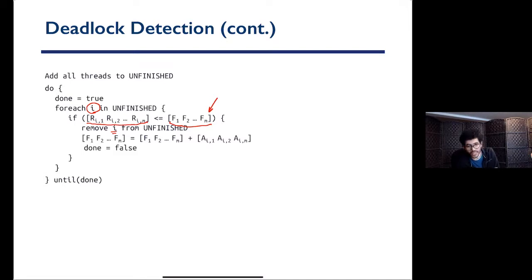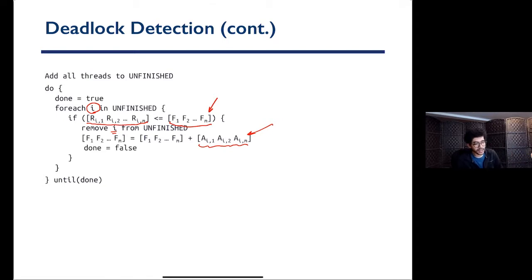So I can safely remove this thread from my list because it's going to finish eventually, and assume that it's going to release all the resources that it has. So this vector A shows all the resources that a thread i currently has. Now that I made sure that this thread can finish because I have enough resources that this thread wants, I can assume that eventually it will finish and it will release all its resources.